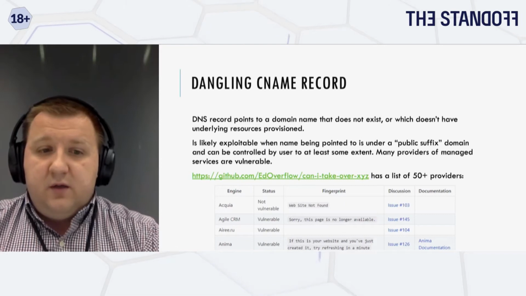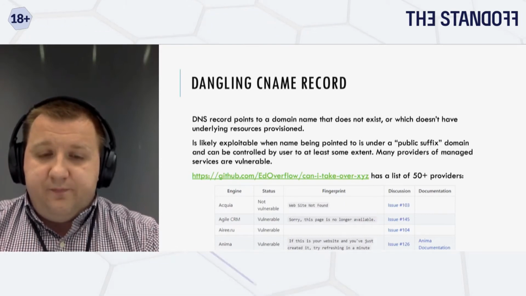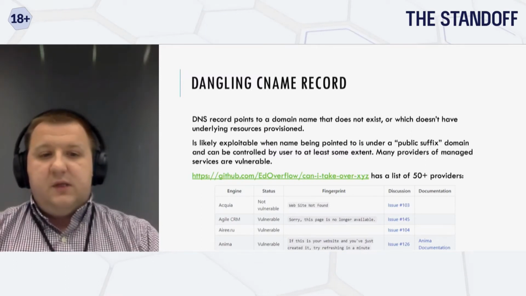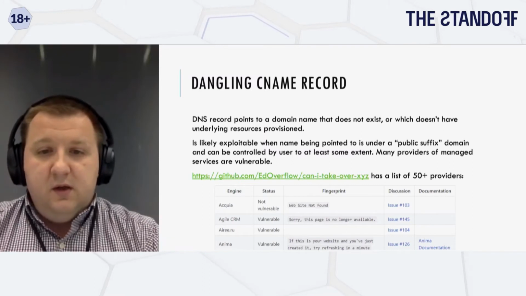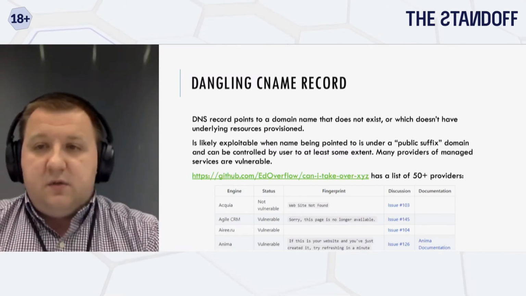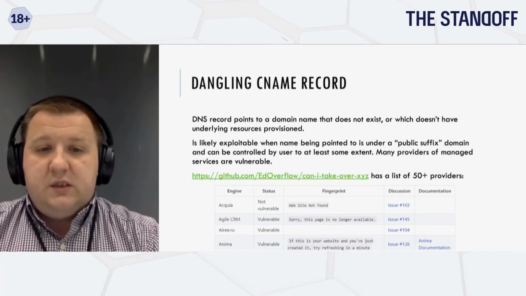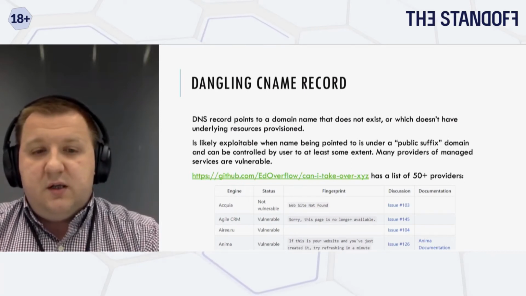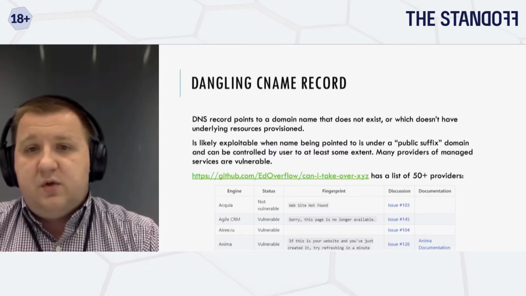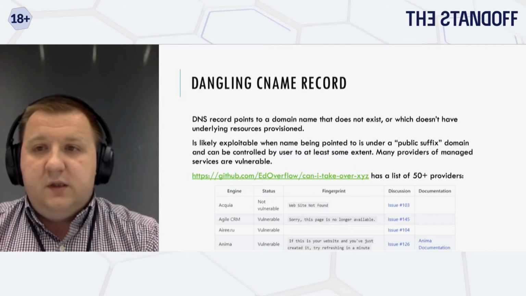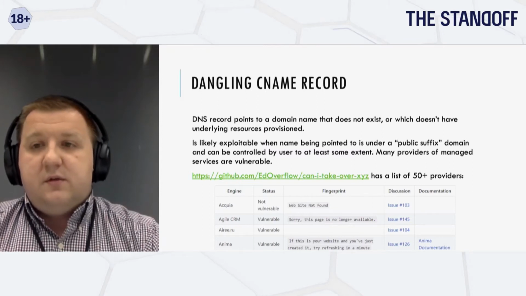On GitHub, they actually have a list collecting names and addresses of all the providers that enable you to create public suffix domains. There are actually over 50 lines in this table. Well, take Azure, for example. Azure is there. It's just one of the lines, although Azure provides so many different services.